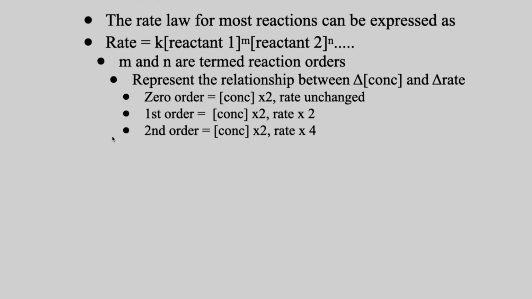The rate of the reaction would go up how many times? 9. Yeah? We also have third order reactants. In a third order reactant, if you double the concentration, the rate goes up by 8 times. It octuples because 2 raised to 3 is 8. This is how we identify reaction orders. This is what you need to know. You okay? Did you trust me not to write this down?